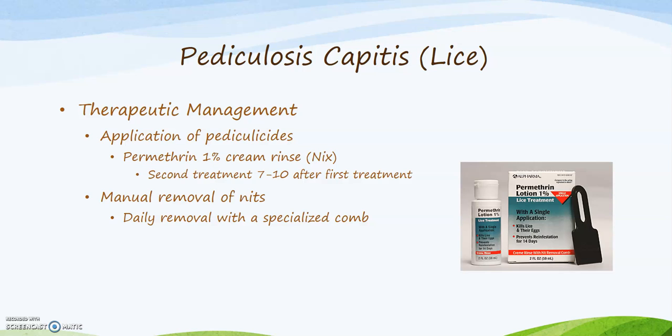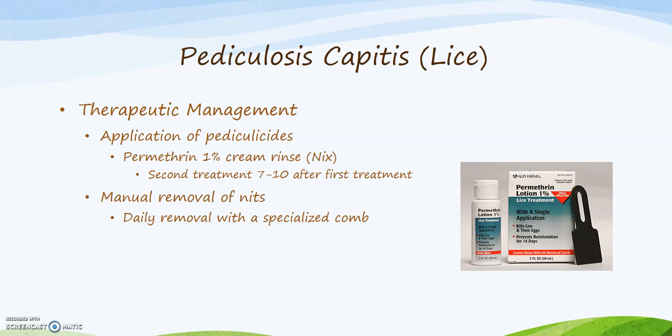So therapeutic management, what do we do? Application of a pediculicide is necessary, and the most common one that's frequently utilized by parents or caregivers is NIX, permethrin 1% cream rinse.